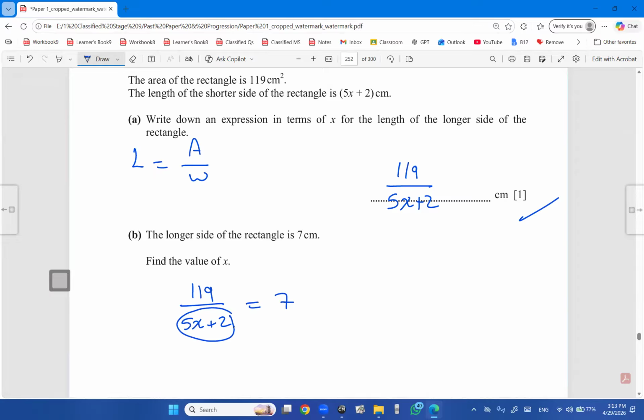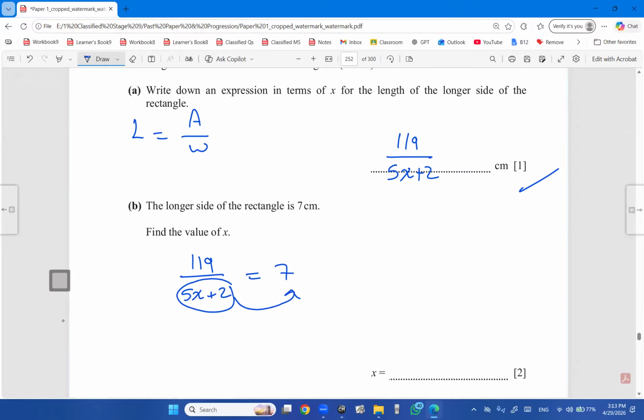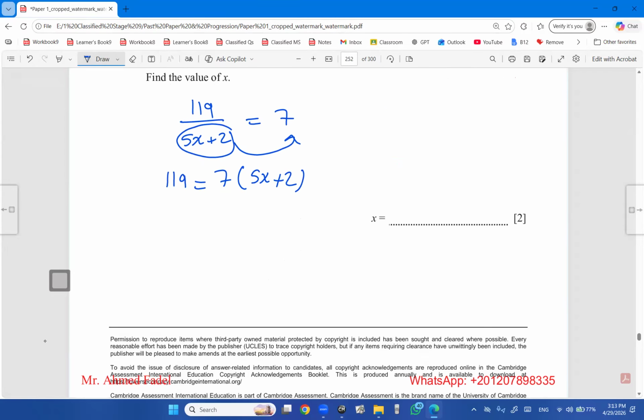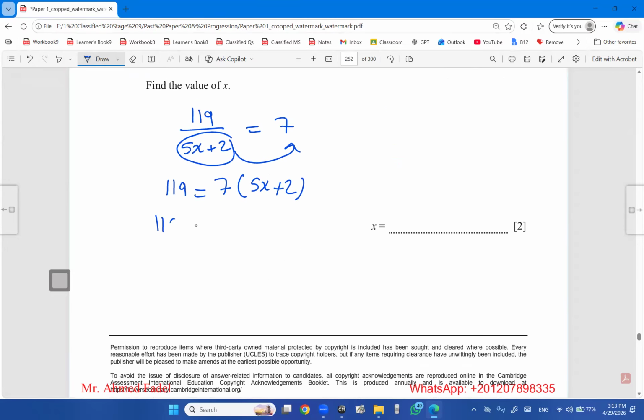Sending it to the other side, multiplication. So 119 equals 7 multiplied by 5x plus 2, which is equal to 119 equals 35x plus 14.